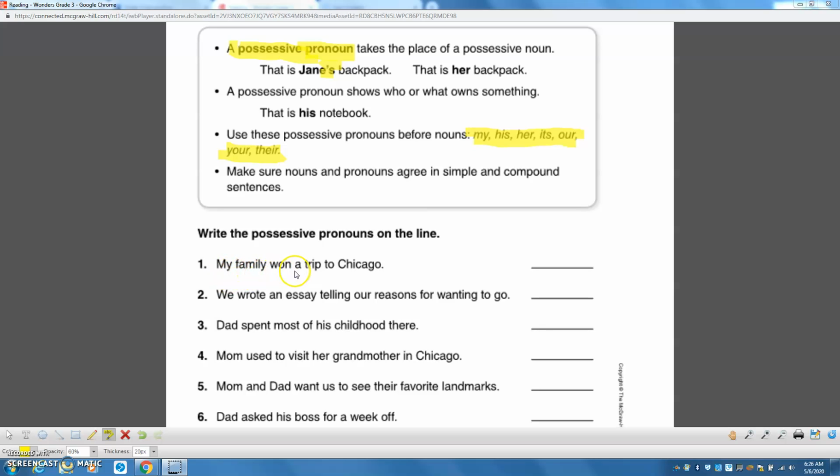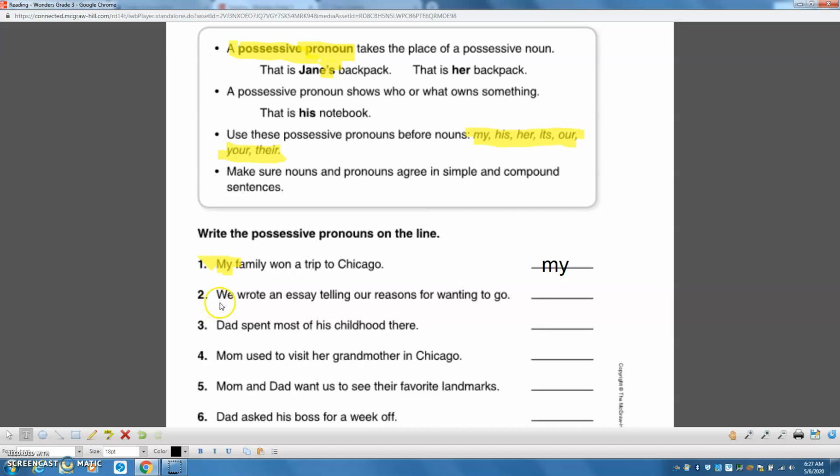My family won a trip to Chicago. Who does the family belong to? My family. So my is our possessive pronoun. Okay, remember my is one of our possessive pronouns. So on this line, go to my type tool. I'm going to type in, let's go a little bit higher, my.